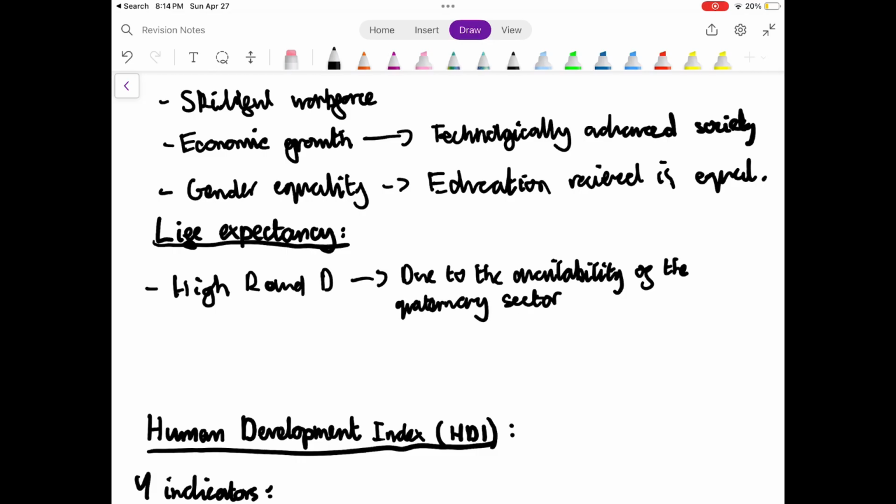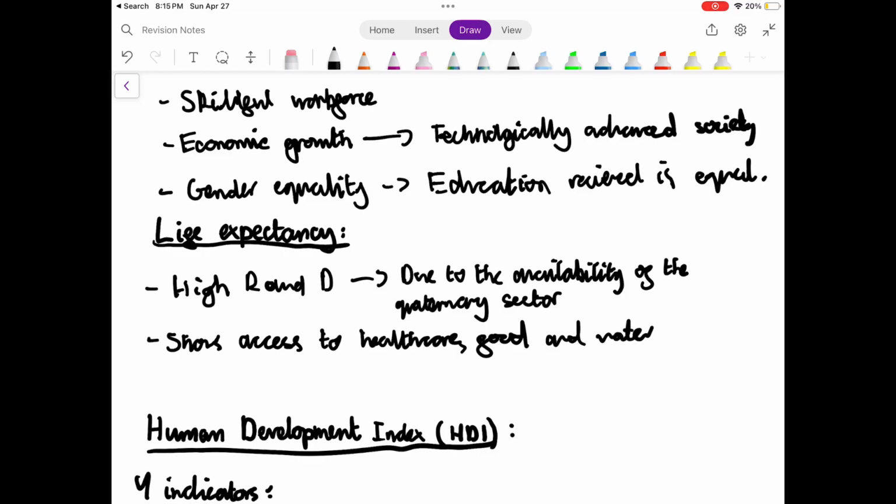We're going to go into this in more detail, but just for now, the quaternary sector is the sector in which people are employed in science related fields and also conduct research. So if more people are employed here, there'll be a higher R&D. It also shows that they have access to healthcare, food, and water.